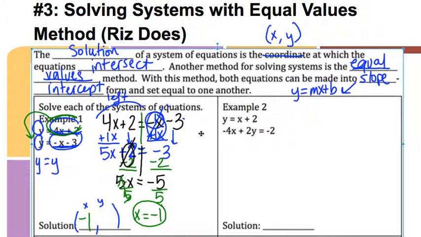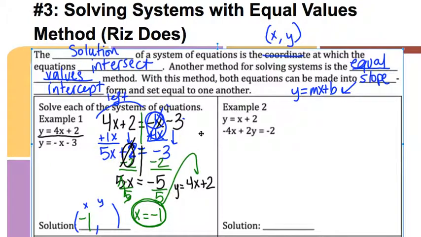Now to figure out what y equals, I can use either of these equations. I can use either one. I like the first equation better, so I'm going to write it right here. So y equals 4x plus 2. Now that I know what x equals, I can just substitute it in for the x. So I'm going to write y equals 4, parentheses, -1.